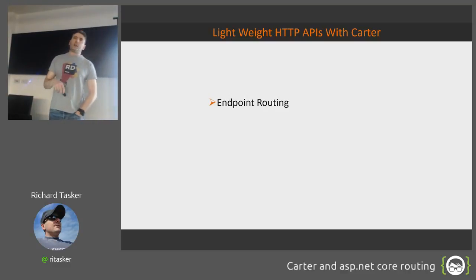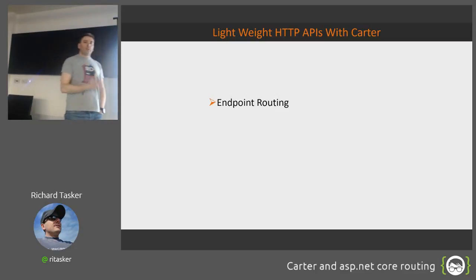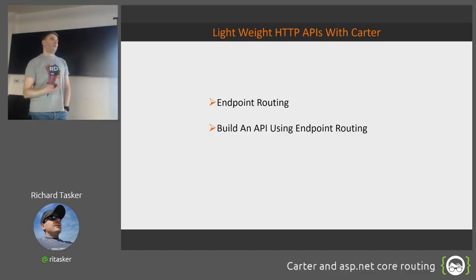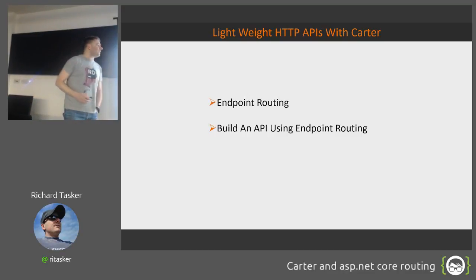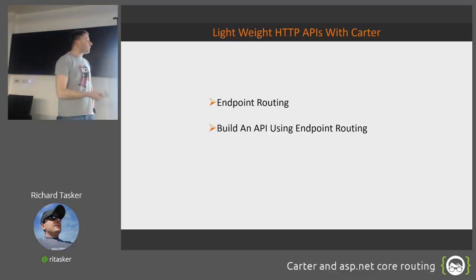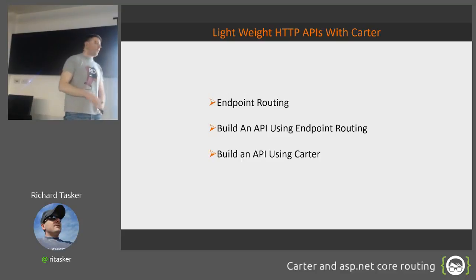Essentially, it's in preview, and you can get access to some of the APIs if you've got the preview version of ASP.NET Core 3. So I'm going to show you an API I've built, because 15 minutes, using the APIs we get with endpoint routing. Then we're going to have a look at the same API but using Carter.